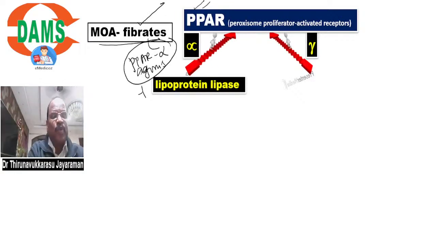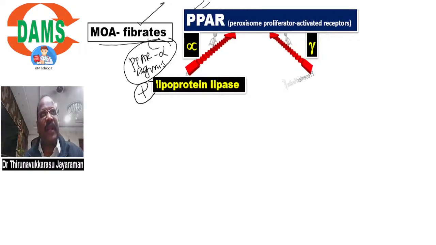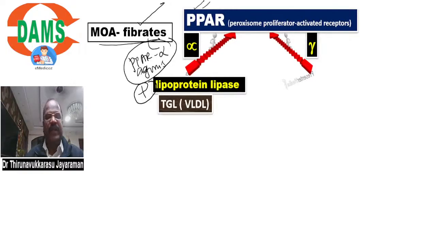Thereby, they stimulate lipoprotein lipase enzyme that in turn decreases TGL, triglyceride, the so-called VLDL. That means fibrates or PPAR alpha activators are useful for reducing triglycerides.